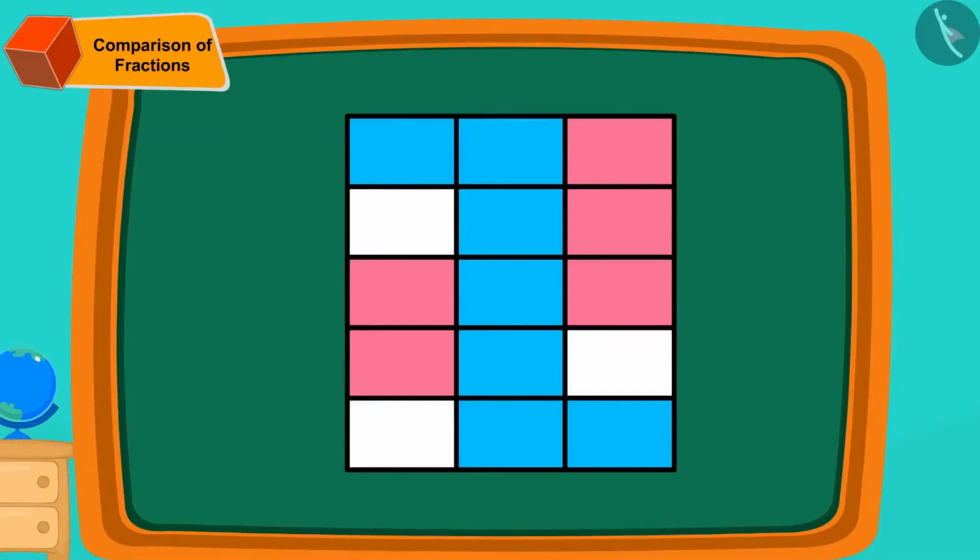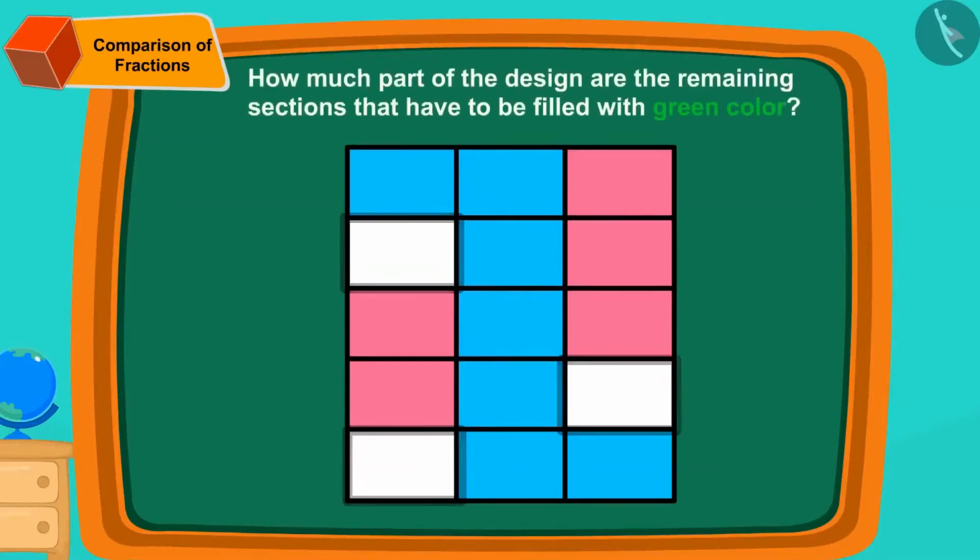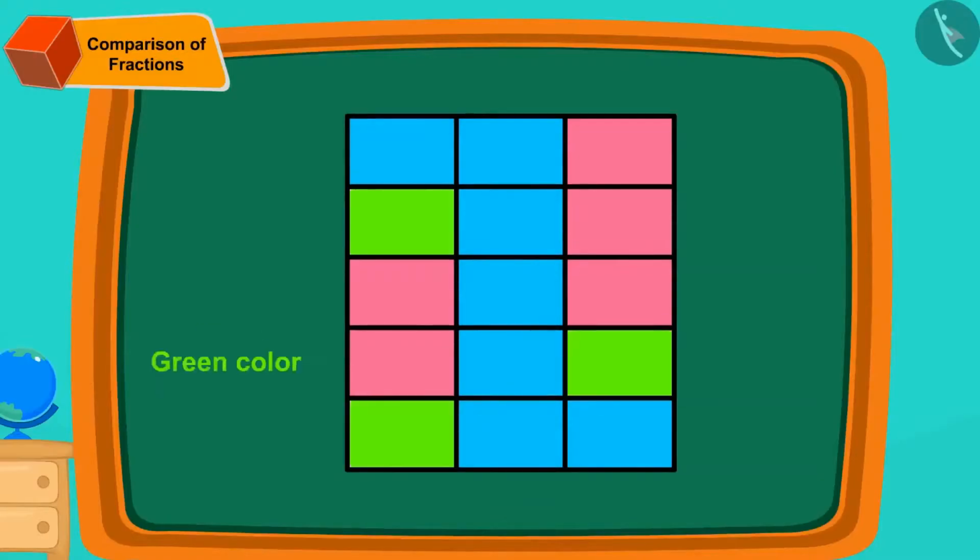Children, can you tell how much part of the design are the remaining sections that have to be filled with green color? You can find the answer to this question by pausing the video. Yes, green color is in 3/15th part of Chanda's design.